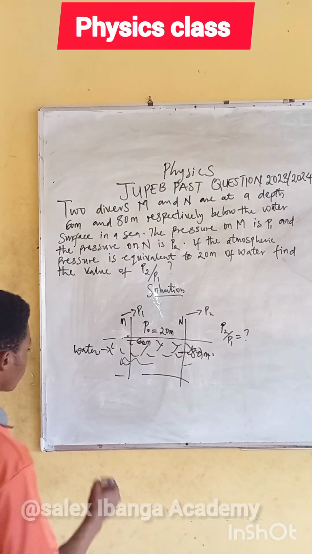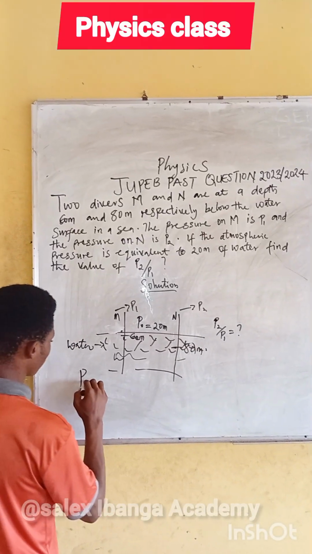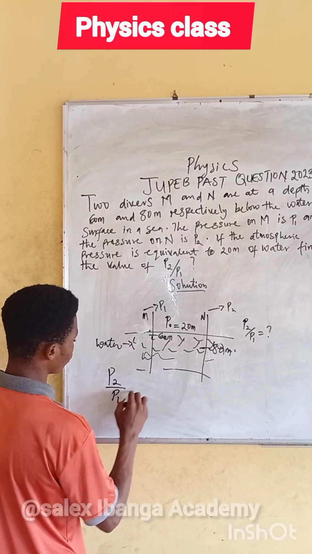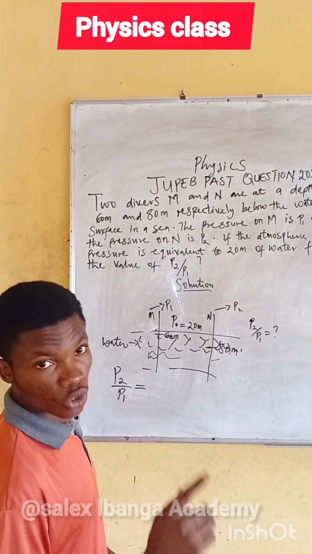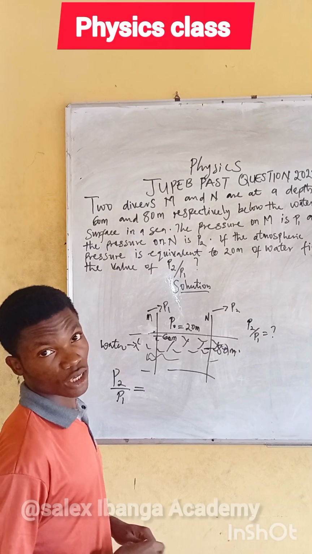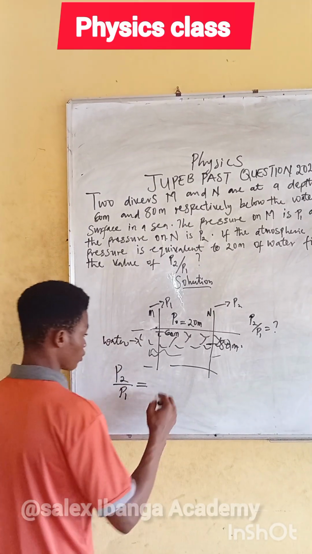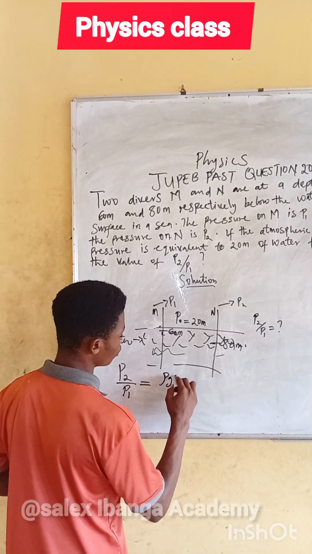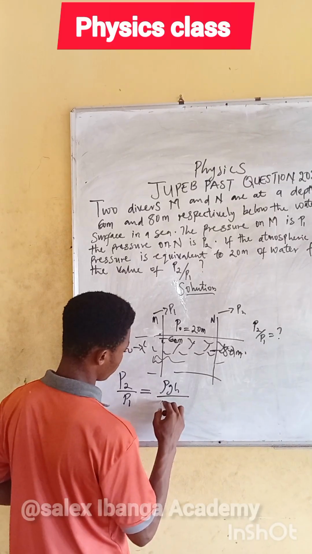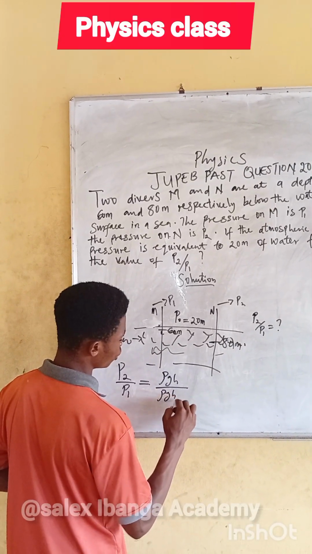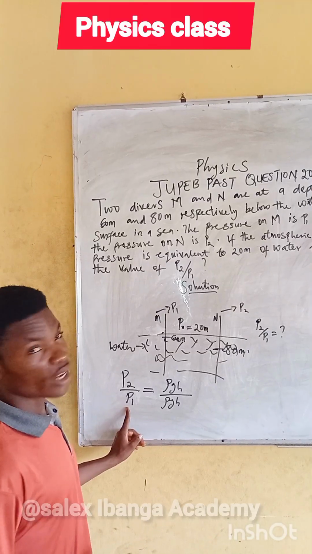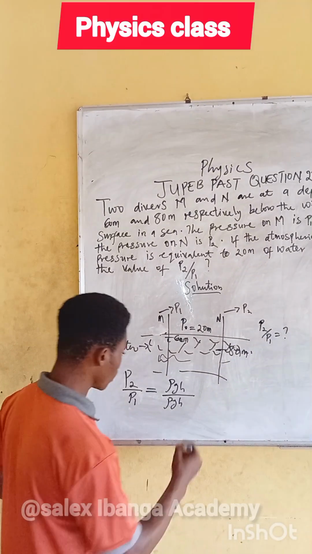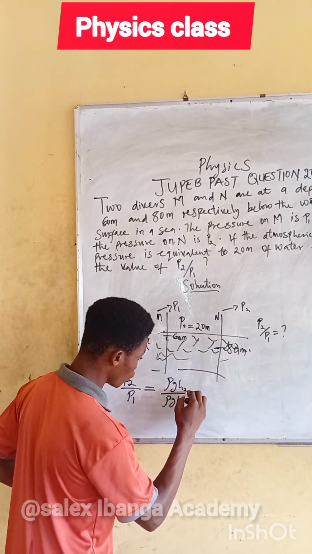Remember, the formula for pressure due to height is rho g h divided by rho g h, because here will be height 1 and here height 2.